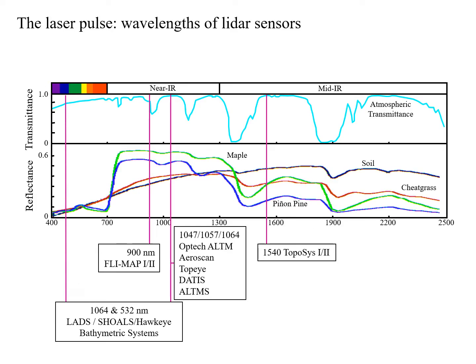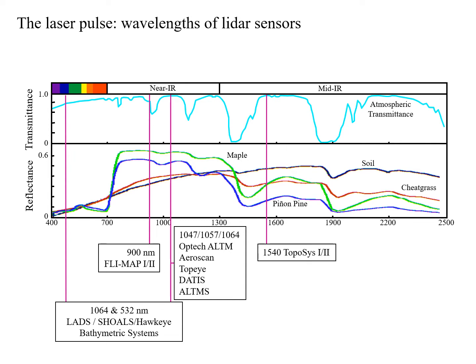So our old wavelength figure is showing you the range of wavelengths that are typically used in LiDAR systems. So 1540, just beyond the near infrared. Toposys systems use this.